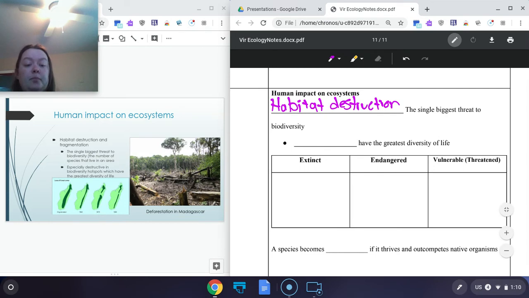So humans coming in and destroying regions like here in Madagascar, this habitat destruction is the biggest threat to having organisms eventually go extinct. And it's especially destructive in biodiversity hotspots, which have the greatest diversity of life. For example, the rainforest has huge biodiversity. Lots of different things live in a rainforest. That means humans can have the most detrimental impacts in those areas.